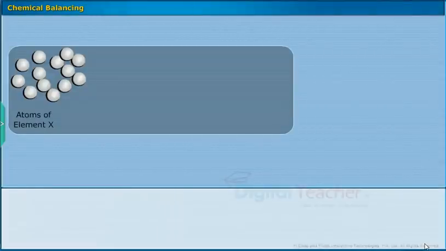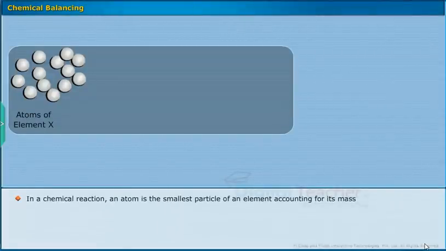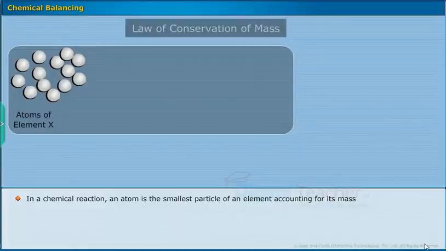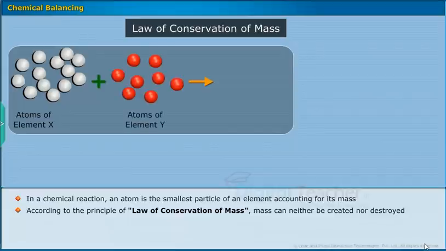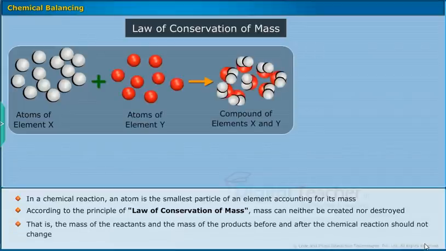Chemical balancing. In a chemical reaction, an atom is the smallest particle of an element according to its mass. According to the law of conservation of mass, mass can neither be created nor destroyed. That is, the mass of the reactants and the mass of the products before and after the chemical reaction should not change.